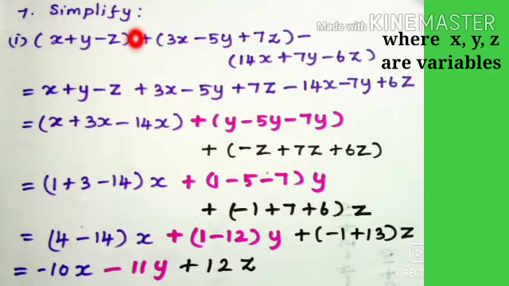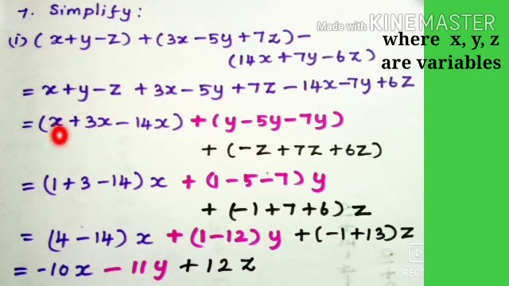Seventh problem, simplify. x plus y minus z plus 3x minus 5y plus 7z minus 14x plus 7y minus 6z. Students, now here in the given expression, what are the variables? x, y and z are the three variables.